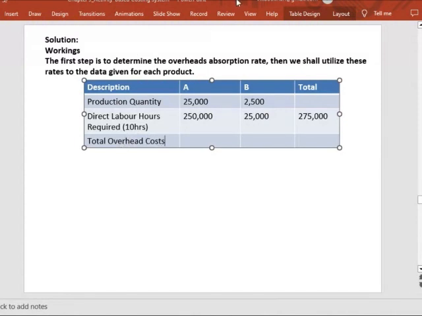Okay, so I know that when you look at the question, you have been provided with the total overhead cost, which is in rupees, let me put rupees in front.